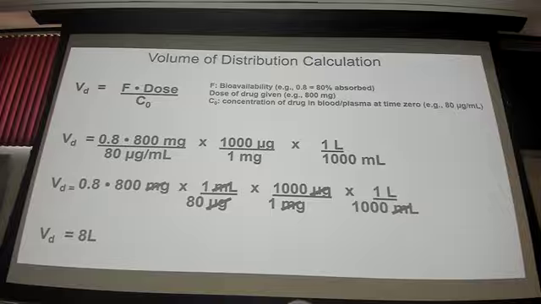And what that tells us is that the drug is likely leaving the blood and entering the extravascular spaces. So when you see these calculations, make sure that you get the units the same, and the metric for volume of distribution will be liters, or liters per kilogram is how you typically see it.